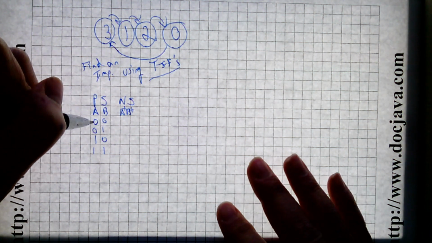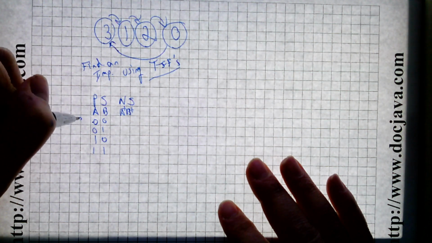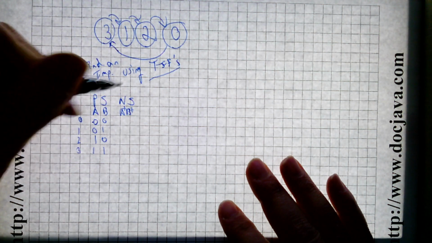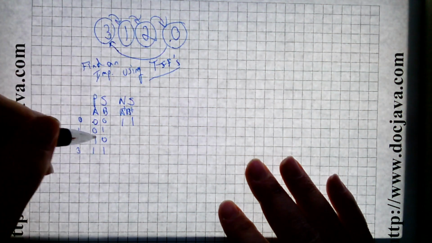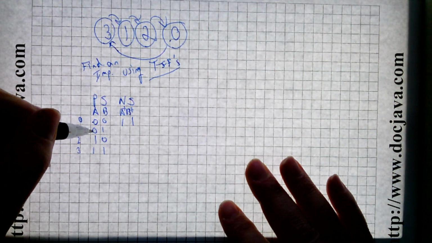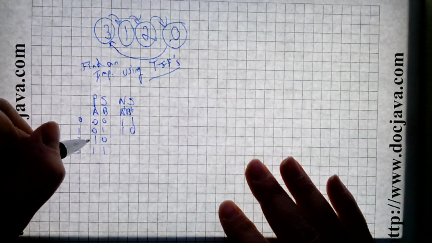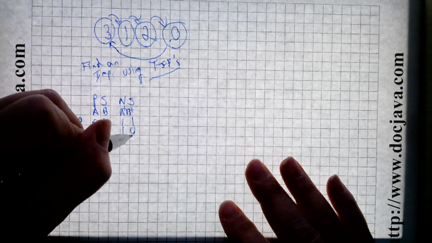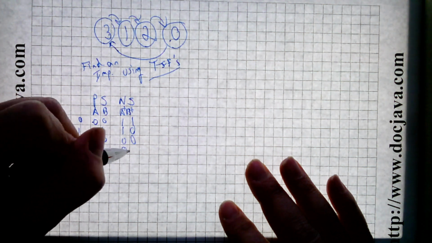What comes after 0? Goes to 3. 1, 1. And what comes after 1? 2. There you go. And after 2, goes to 0. And after 3, goes to 1. So that's good.